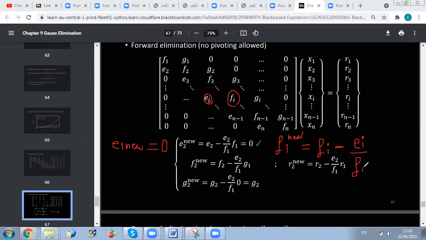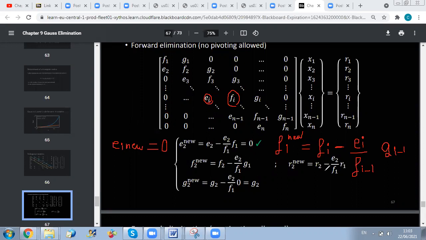So this is a factor. And I multiply by G i minus 1. Okay, so this is a general form that will give me Fi new at any step.